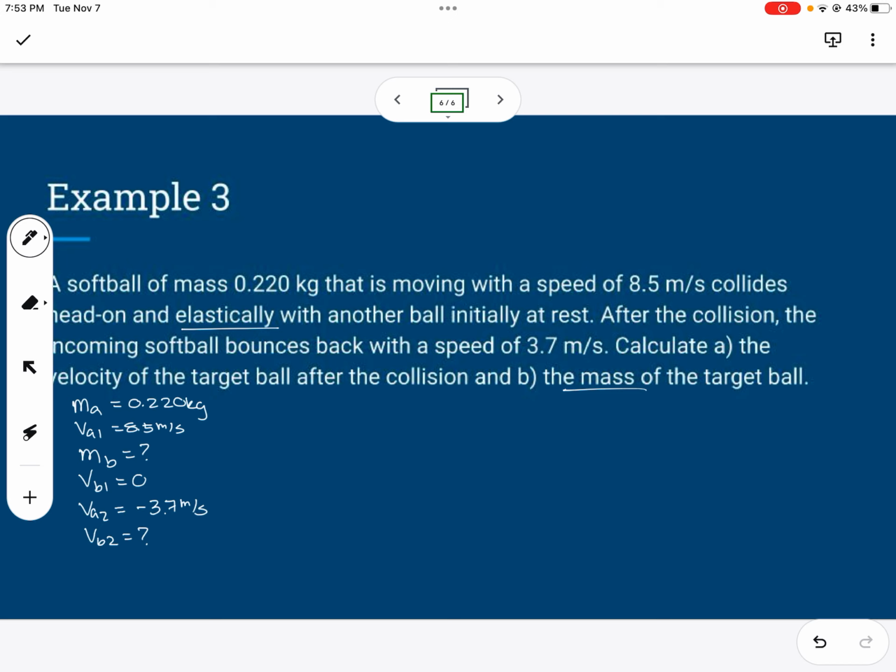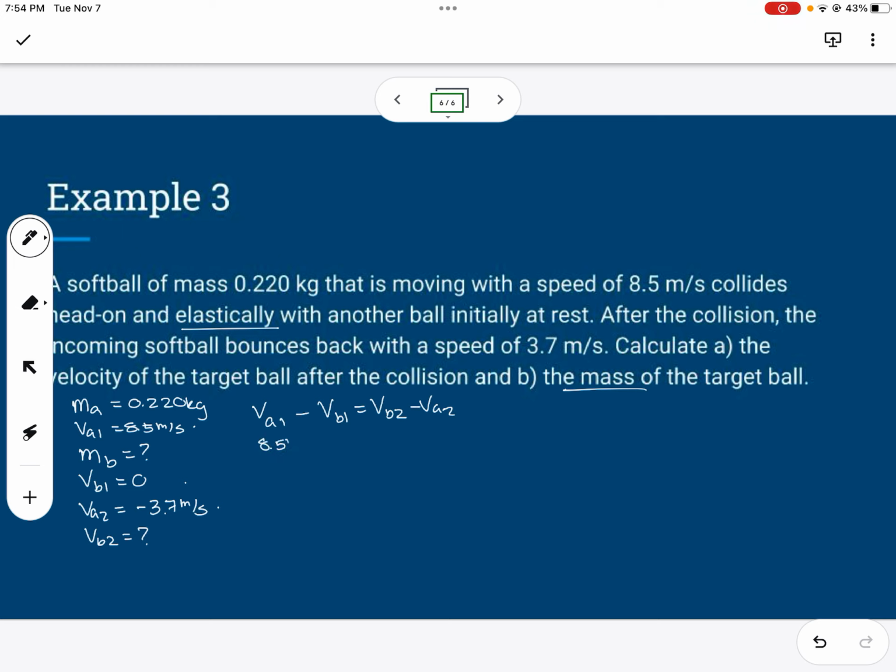So you have your two equations. Which one do you want to start with? Well, I know 3 out of 4 velocities. So let's start with our super secret special velocity equation. VA1 minus VB1 equals VB2 minus VA2. And let's go ahead and plug everything in.